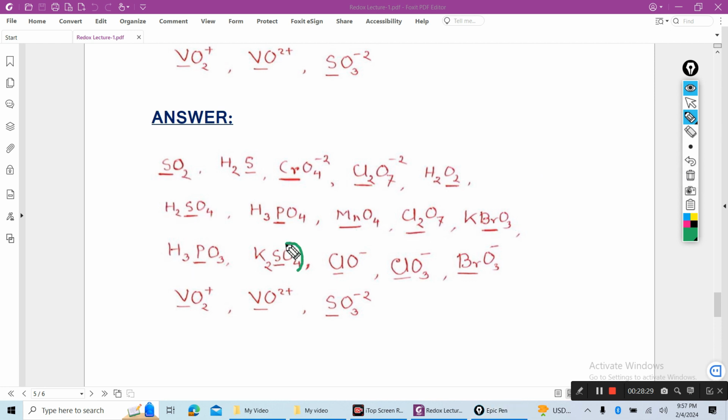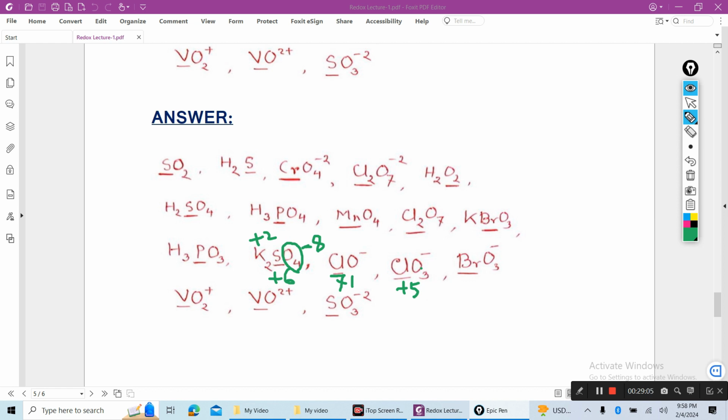Here 4 oxygen minus 8, potassium plus 2, so if you do sum, 6 minus 6, sulfur will be plus 6. This is chlorine, you will get plus 1. Here 3 times minus 2 is minus 6, minus 1, so chlorine you will get plus 5.